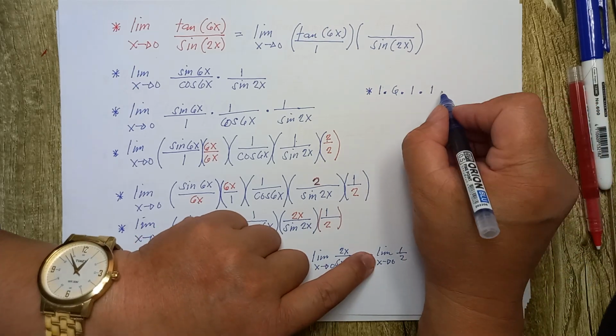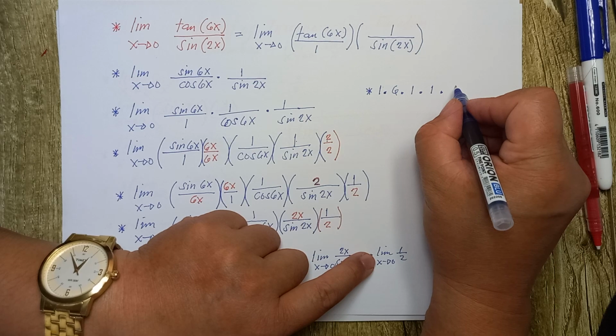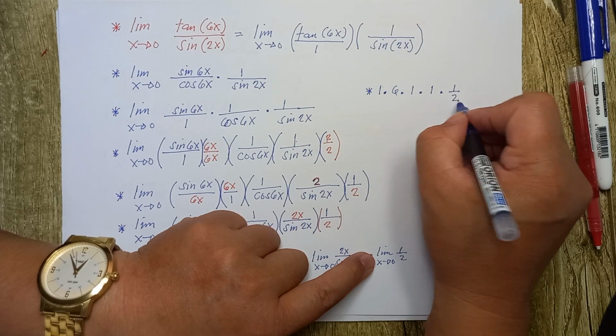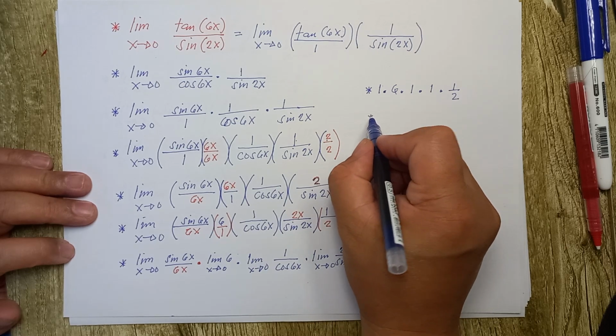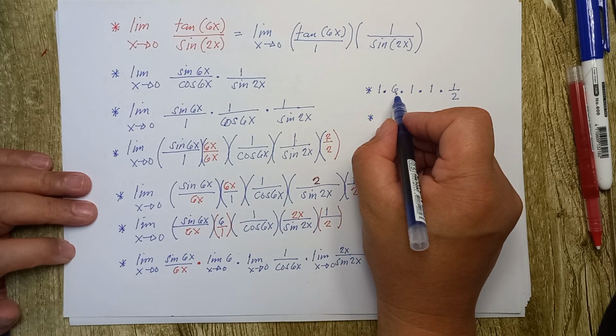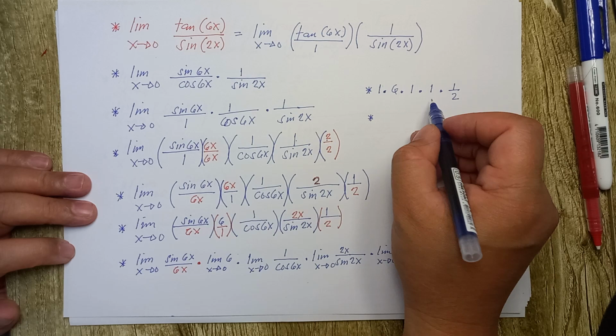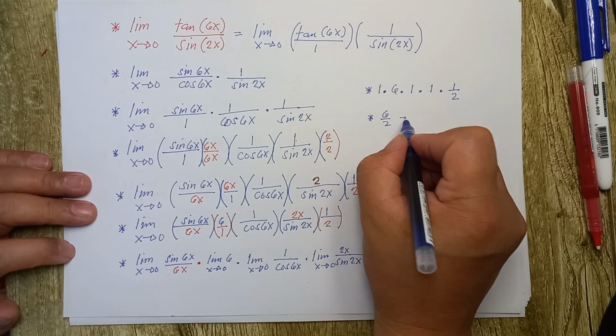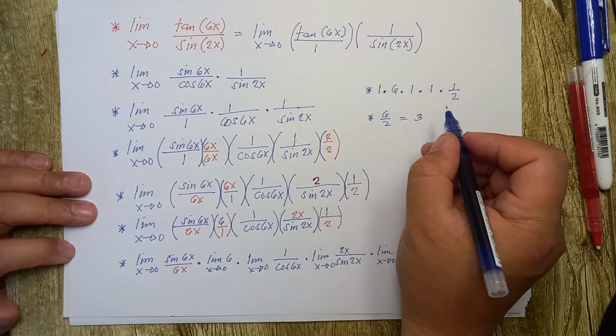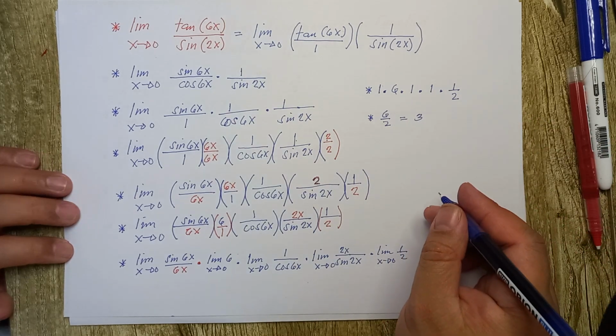Times 1/2. Okay, the limit of the constant. So the result: 1 times 6, 6 times 1 times 1, 6 times 1. We have in here 6 over 2. The result now is 3.